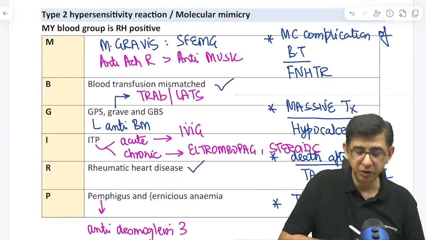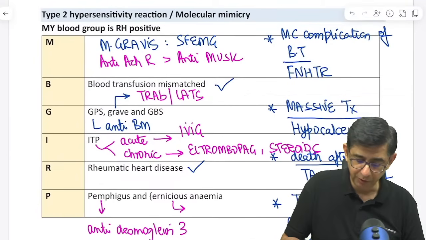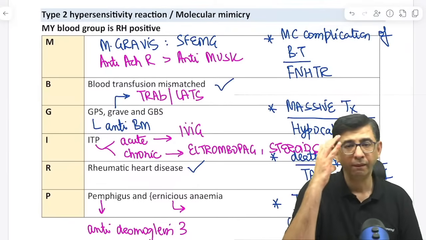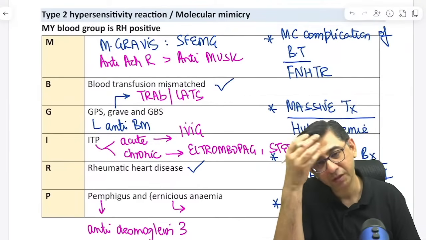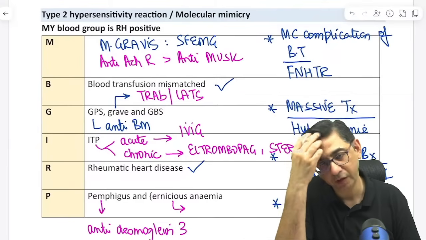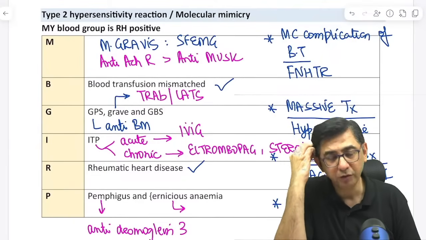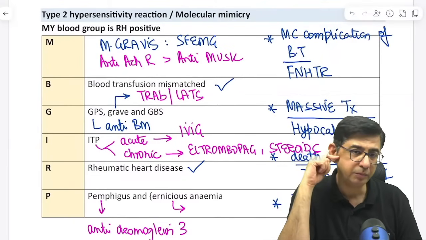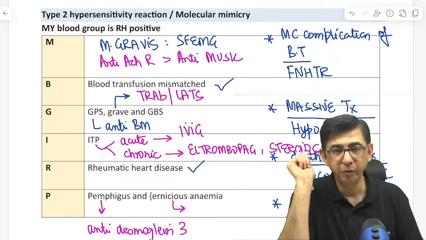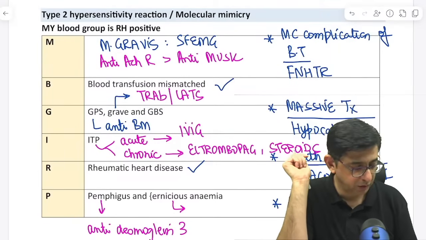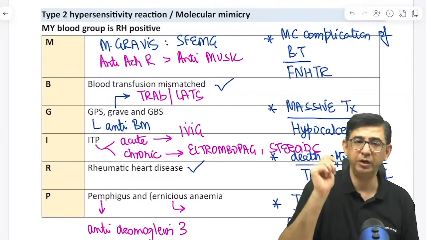And then for pernicious anemia, which antibody would be responsible? Quick answers, please. Pernicious anemia is the leading cause of development of vitamin B12 deficiency. Leading cause of vitamin B12 deficiency is not alcoholism. It is autoimmune gastritis. I think I've given the hint also. What is the antibody responsible for pernicious anemia?